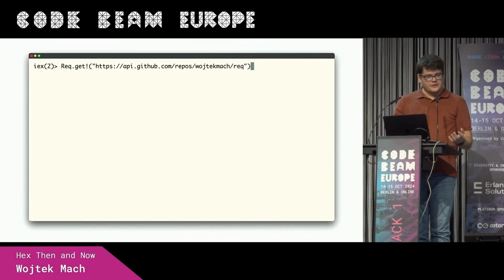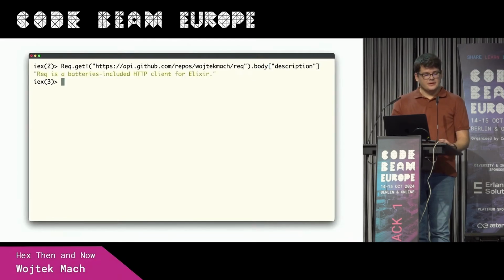With Req, we can call the GitHub API to get information about Req itself, and it returns a struct. We can access the body, and since this is a JSON API, Req sees that from the content type and automatically decodes it, so you can access the tagline: a batteries-included HTTP client.